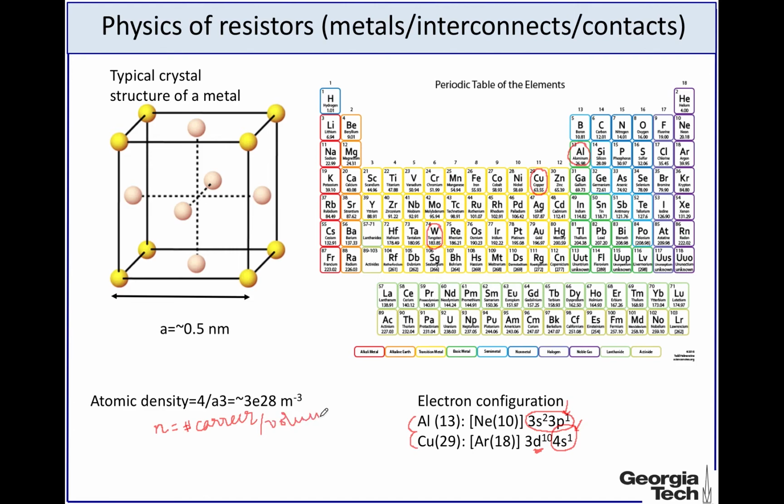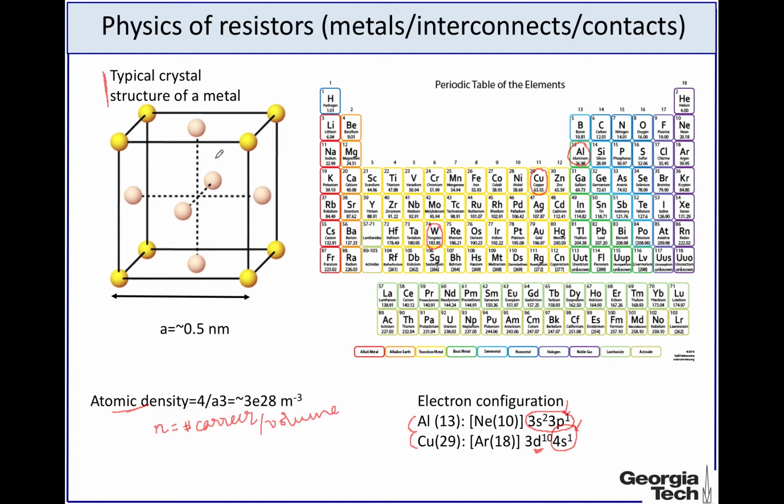The first step to calculate the number of carriers is to find out the atomic density, which means the number of atoms per unit volume of the material. So here I'm showing a crystal structure of a typical metal. Now different metals have different kinds of crystal structure, but just for the sake of getting an order of magnitude estimate of the carrier density, let's just consider this structure.